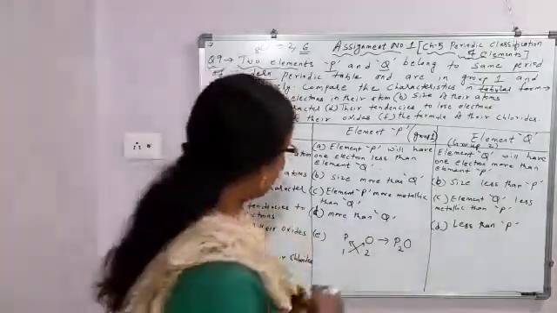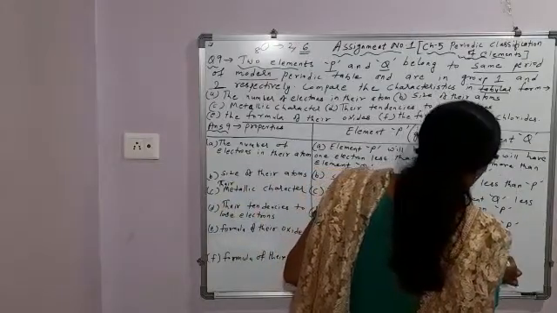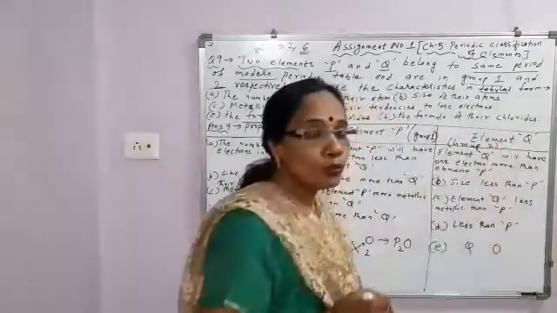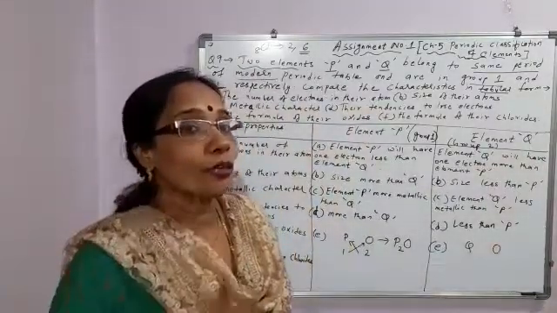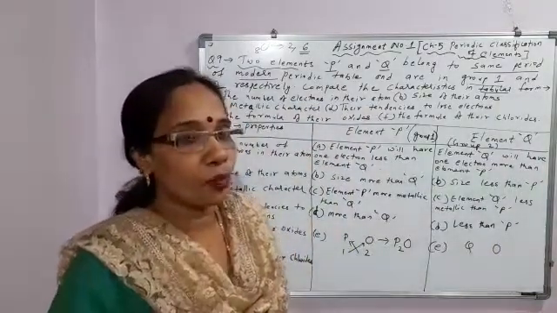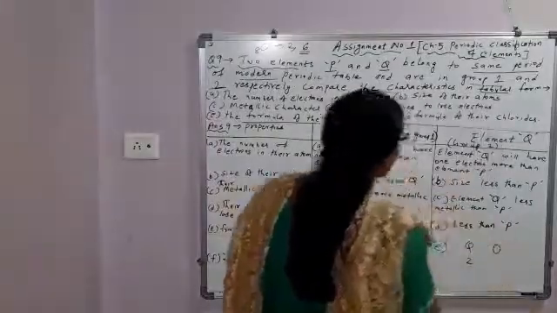Okay, next. Oxide of Q. So Q belongs to group 2. So outermost how many electrons? 2. So it will lose 2 electrons to attain the electronic configuration of the nearest noble gas. So what is the valency for Q? 2. And for oxygen, what is the valency?